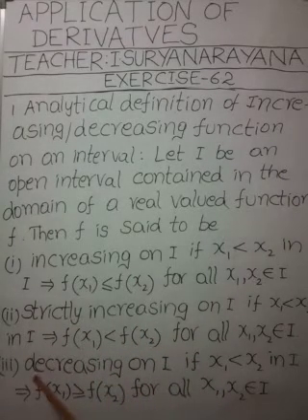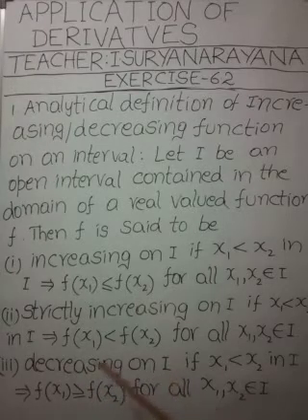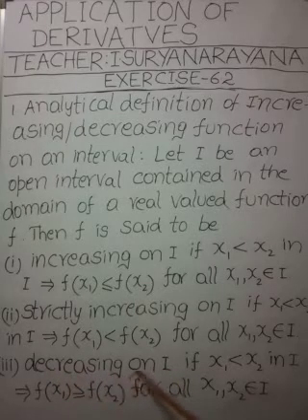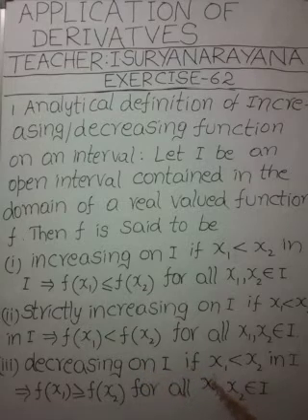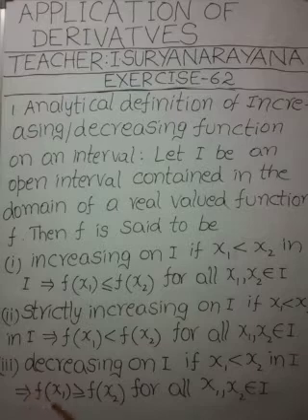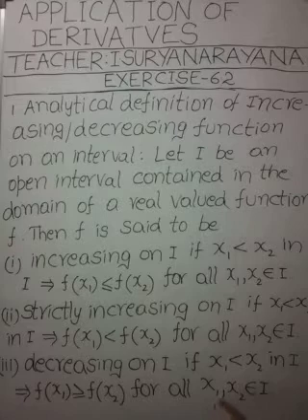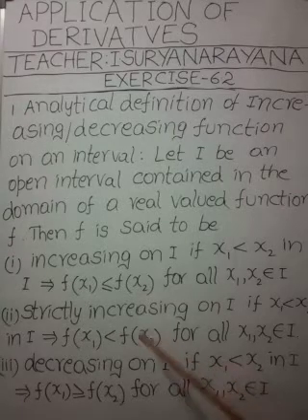Now come to the third point, decreasing on interval I. f is said to be decreasing on the interval I if x1 is less than x2 in the interval I implies f of x1 greater than or equal to f of x2 for all x1, x2 belongs to interval I. So it's a reverse.